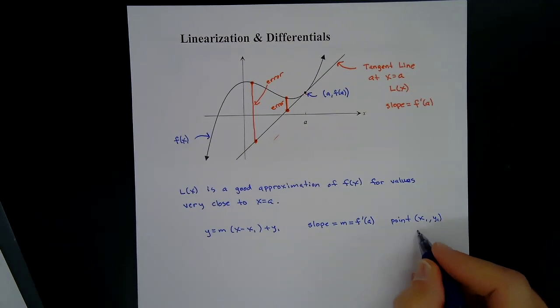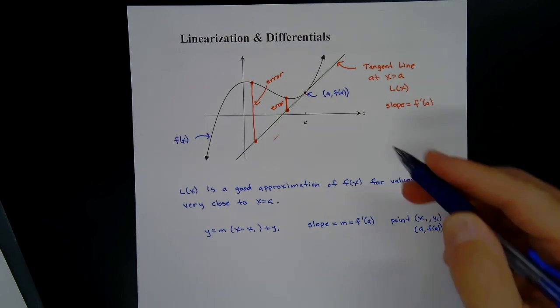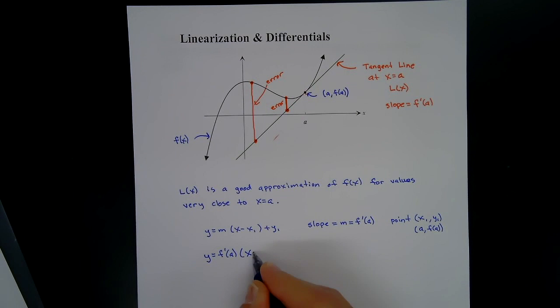In this particular example, it would be a comma f of a. So all of this becomes y equals f prime of a times x minus a plus f of a, since my y1 is f of a, the y coordinate at x equals a.